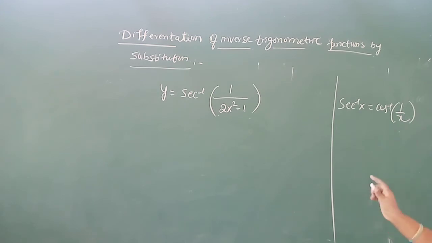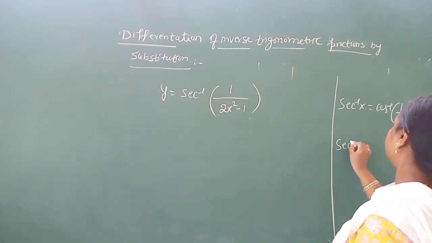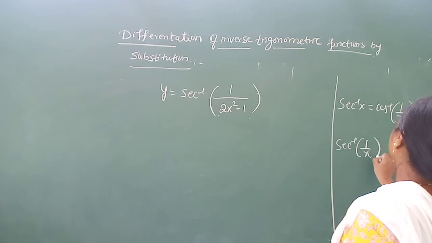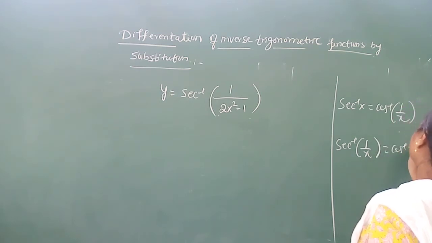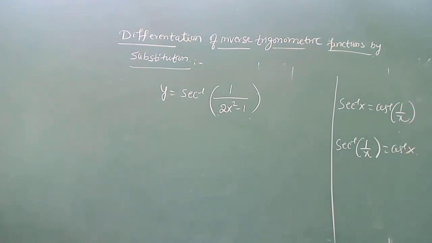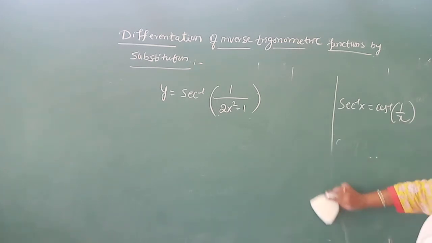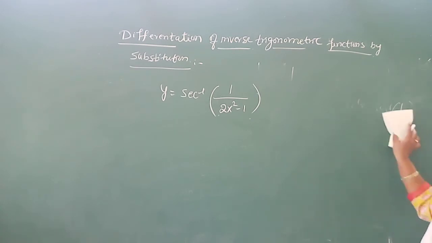Or rewrite, sec inverse 1 by x is cos inverse x. This is the formula. You have to remember this one.